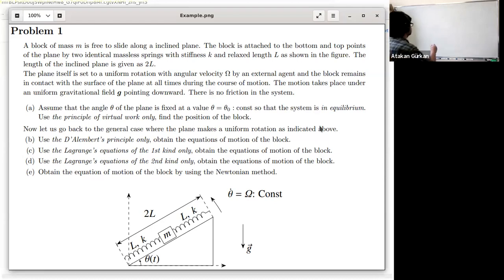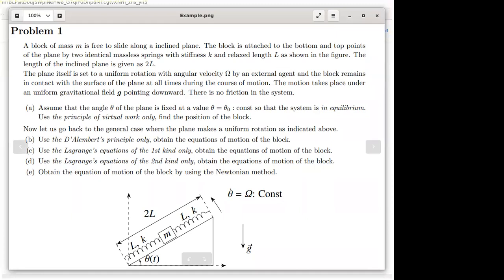Okay, so some configuration like this. I'm not going to put the numbers in, but this is our mass, and we are looking at the motion of this mass that's attached by the spring, and it's always on the inclined plane.